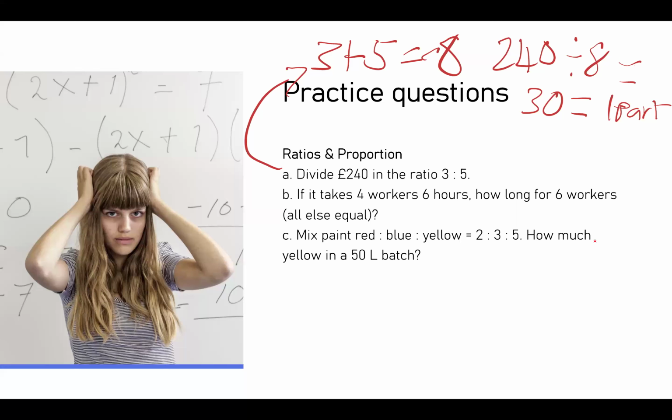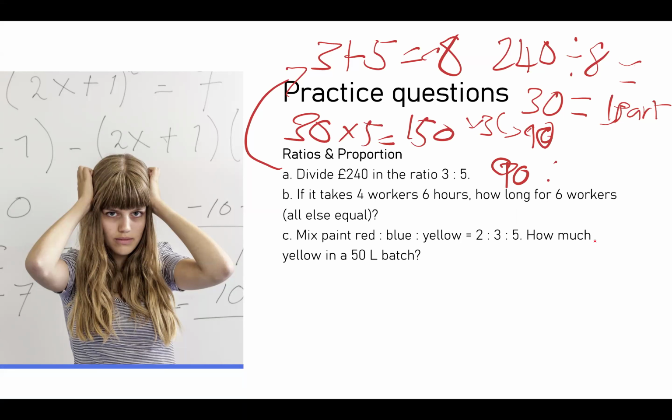That means the 3 parts, multiplied by 3, equal 90. And the 5 parts, 30 multiplied by 5, is 150.